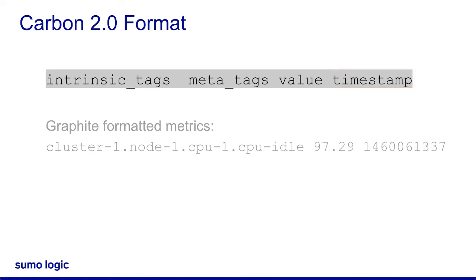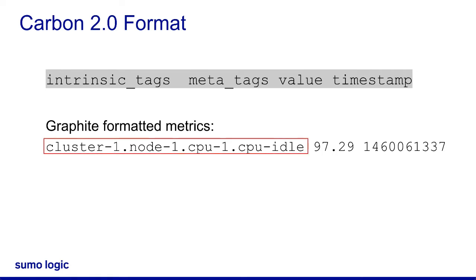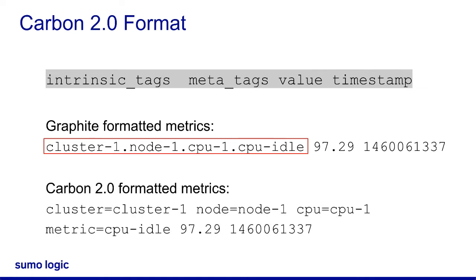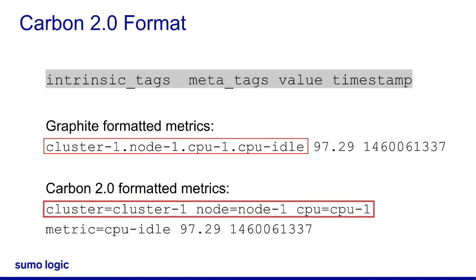In the Graphite formatted metric earlier, the metric path was cluster 1, node 1, CPU 1, CPU idle. In the Carbon 2.0 format, that metric path translates to a set of intrinsic tags. In our example, it translates to cluster equals cluster 1, node equals node 1, CPU equals CPU 1, metric equals CPU idle.